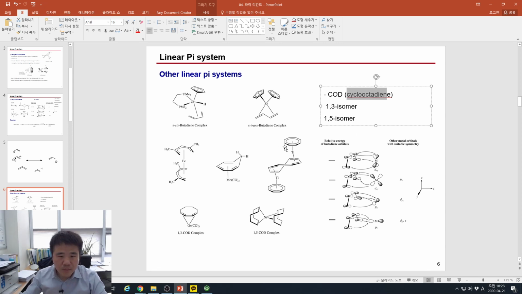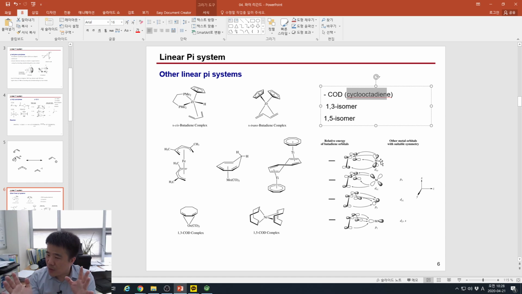How about others? Like this, 1,5-COD here, 1,3-COD is here. Butadiene has pi, pi star, and so on, but all MOs can interact with the transition metal because the transition metal has d orbitals.